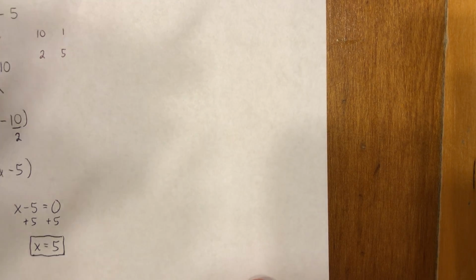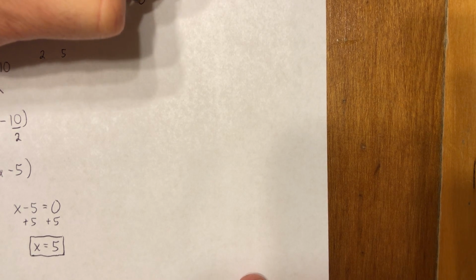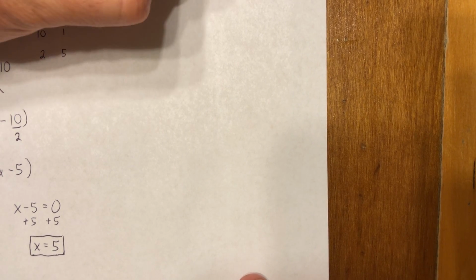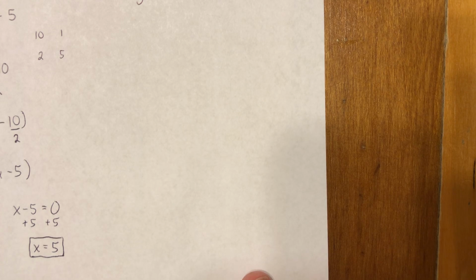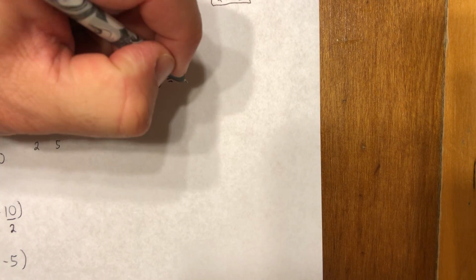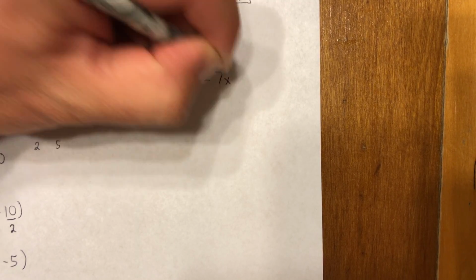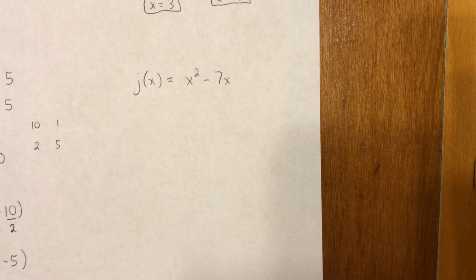All right, I thought of one more that we probably want to see just to be safe. So we're going to start with one more equation. We're going to call that one j of x, and we're going to have, let's go with x squared minus 7x. This is a situation where we don't have a c.